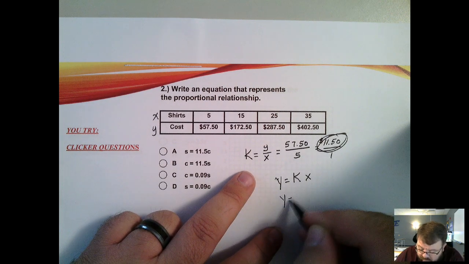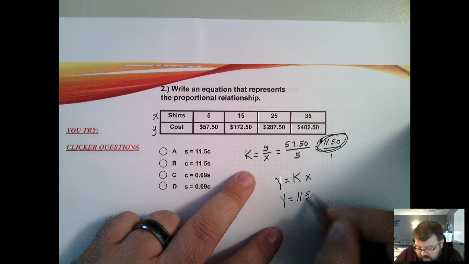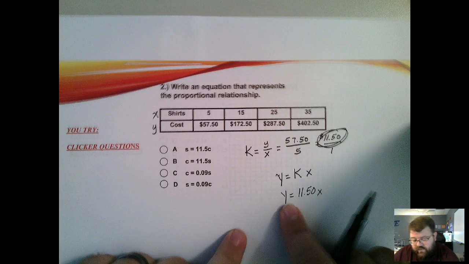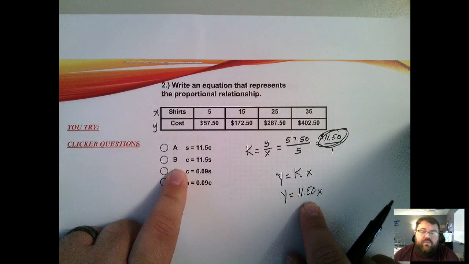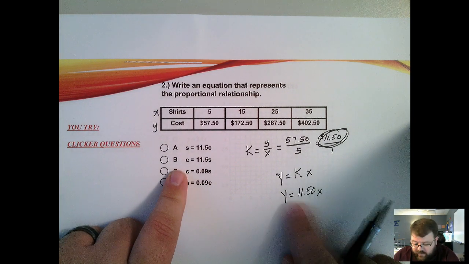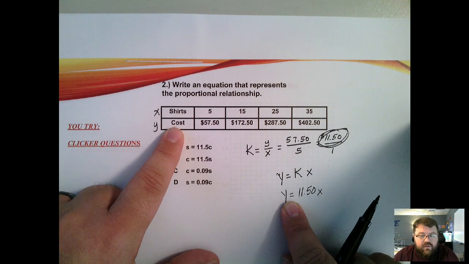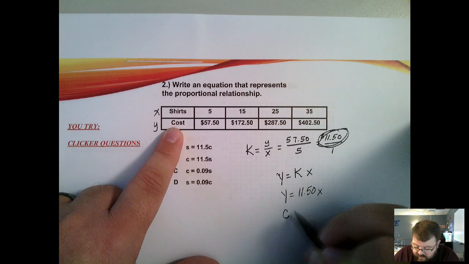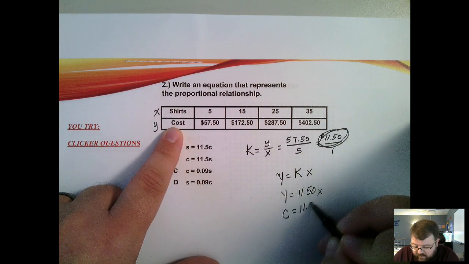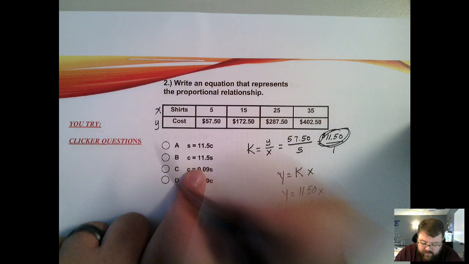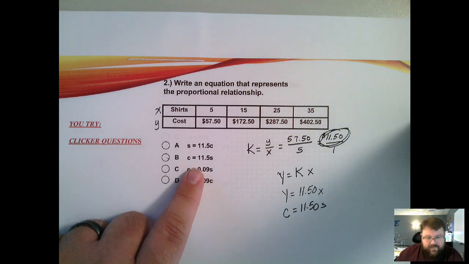So y equals 11.50x. All right. The difficult part is making it from here to here. So what we need to do is look at y. Y is c. That's the cost. So I know that c is equal to 11.50s, which is b.